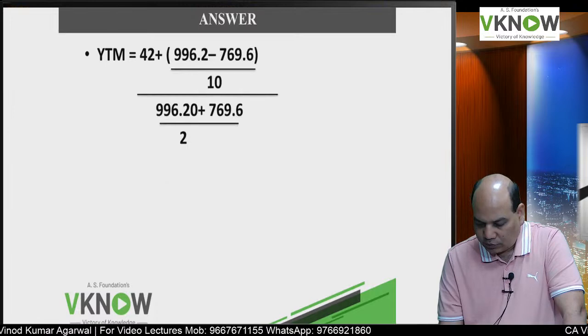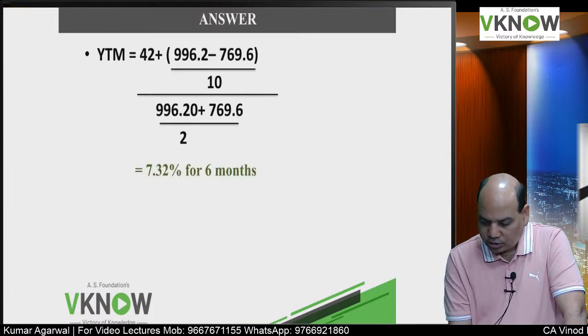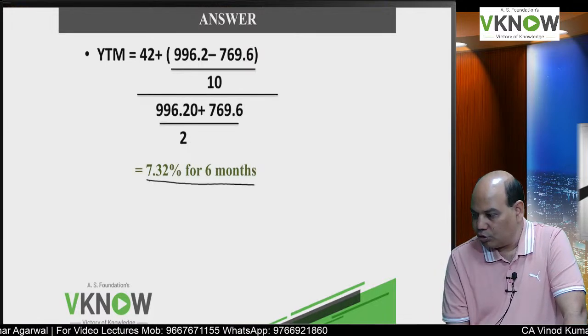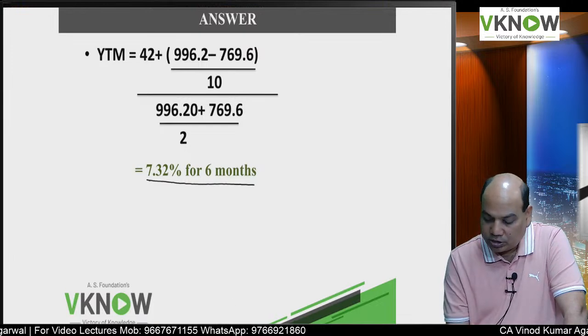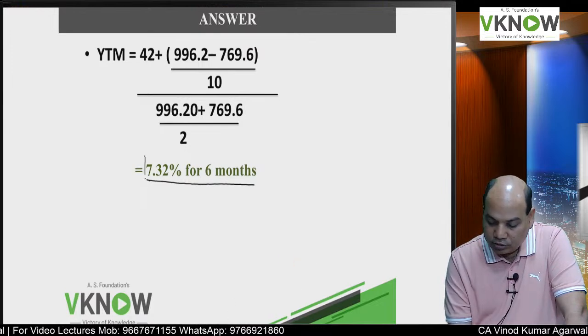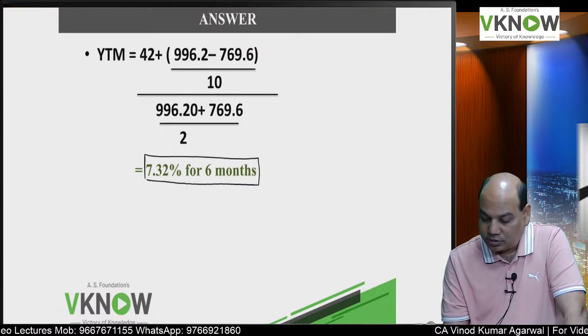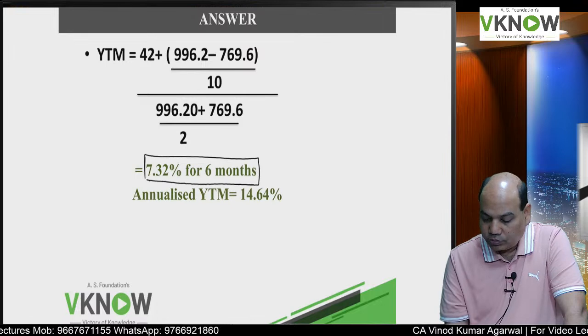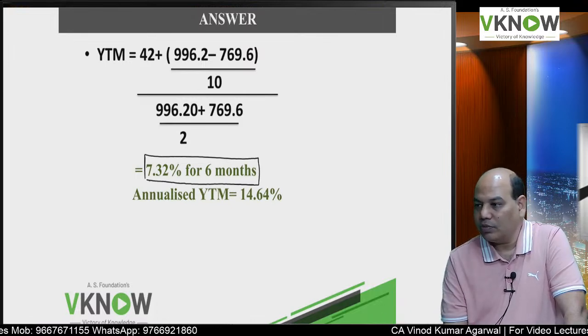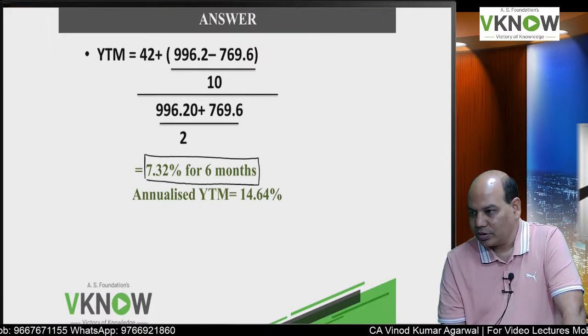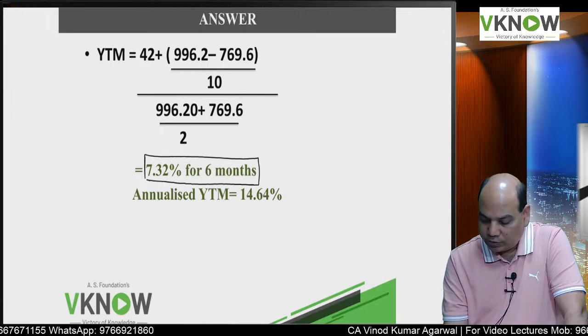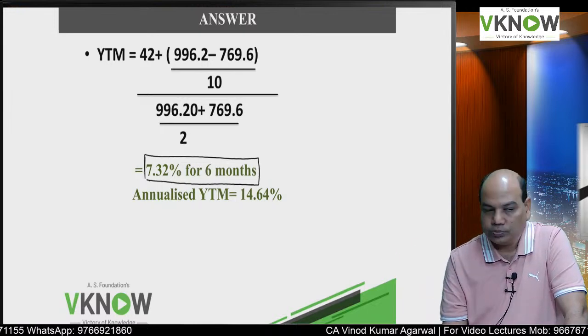So one answer I have got from a student. You are absolutely right, 7.32%. But this is the return for 6 months because all calculations were done for 6 months. So I will convert into annualized YTM. How will you convert into annualized YTM? Multiply by 2.